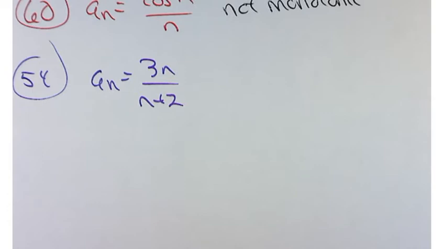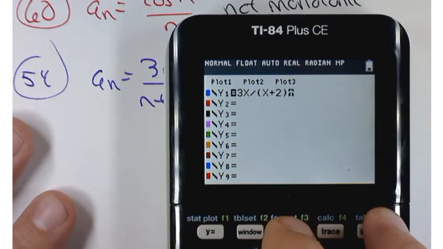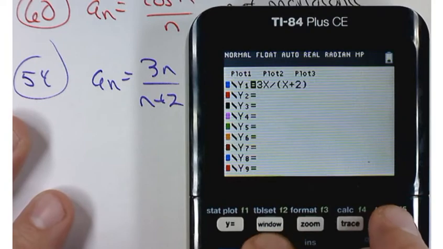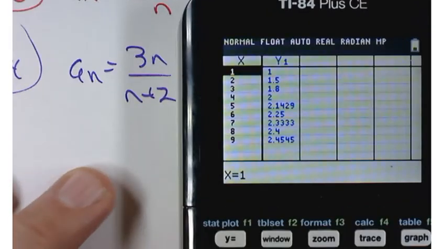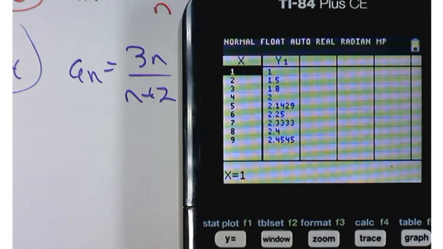So I'm going to plug that one into our table. So 3x over x plus 2. And then let's do our table.